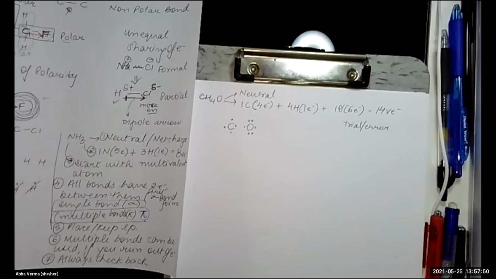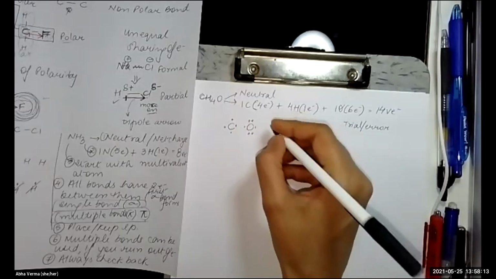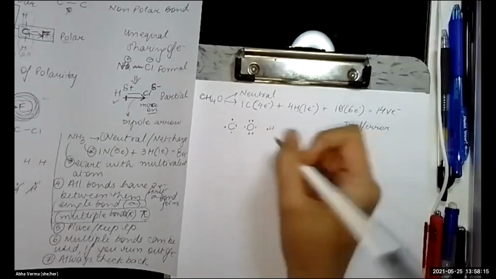Now, because hydrogen makes only 1 bond, we cannot place it between the two atoms, we have to place it outside.